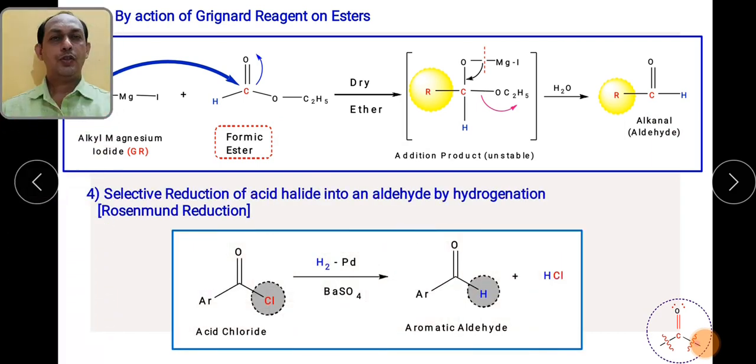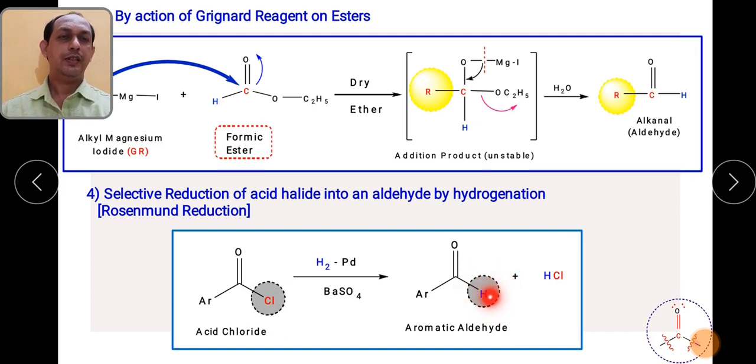The next method is the Rosenmund reduction, in which acid halides are converted into aldehydes. Acid halides are compounds with the general formula ArCOCl, and the reducing reagent used is H2 with palladium supported on barium sulfate. The acid chlorides get converted into aromatic aldehydes. Here the position of chlorine is replaced by hydrogen.